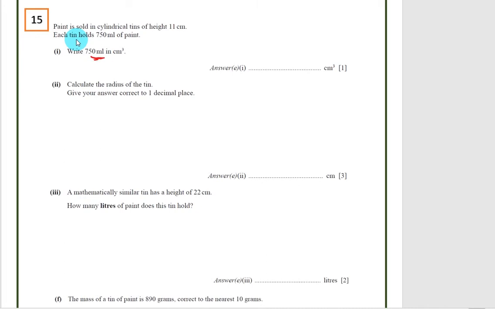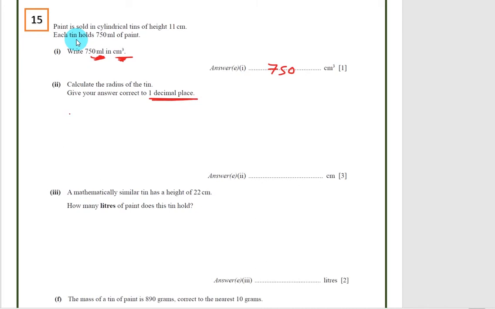The milliliter is the same as centimeter cube. So the answer here is 750 centimeter cube. Calculate the radius of the tin. Give your answer correct to 1 decimal place.